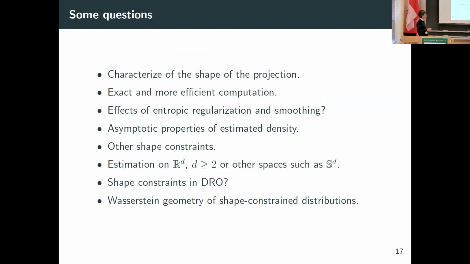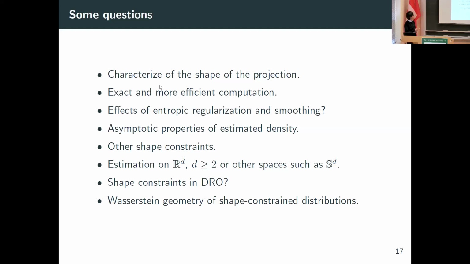As you see, there are a lot of questions I still want to consider. For example, can I have a complete characterization of the shape of the projection? My conjecture is that the constraint has to be binding piecewise, so I have, let's say, piecewise log concave or piecewise constant, but I don't know how to do it yet. This could lead to exact and more efficient computation.